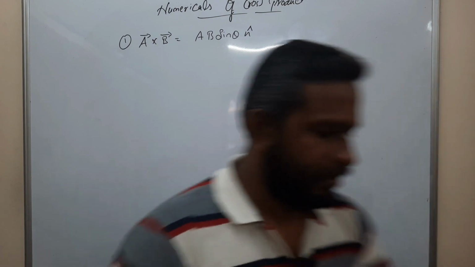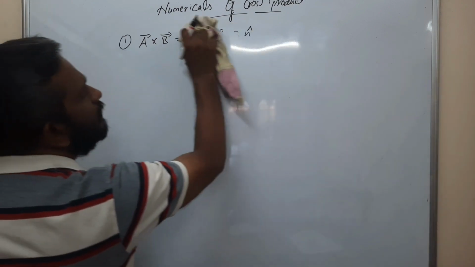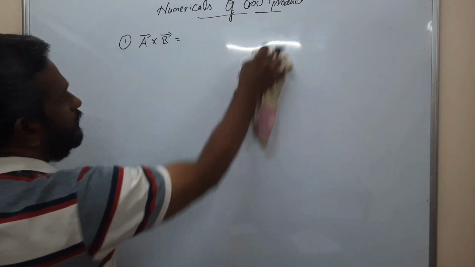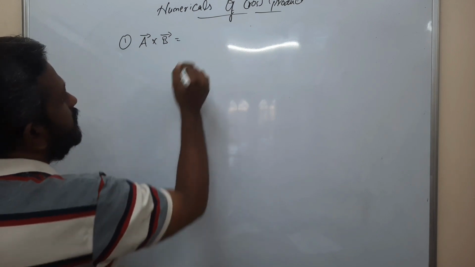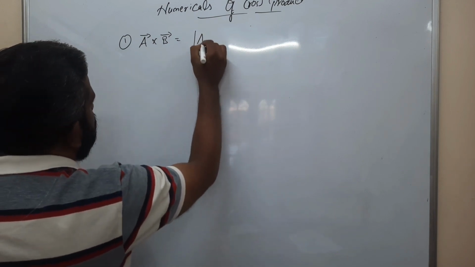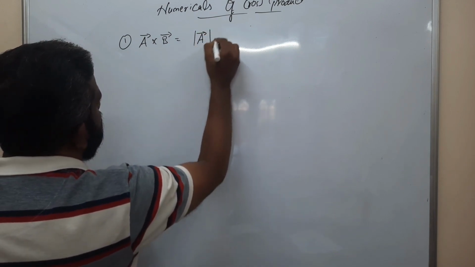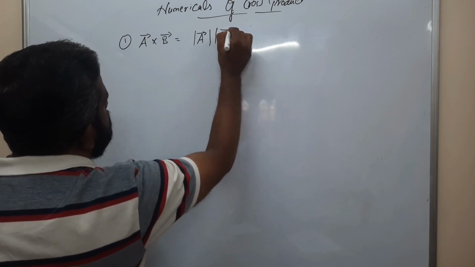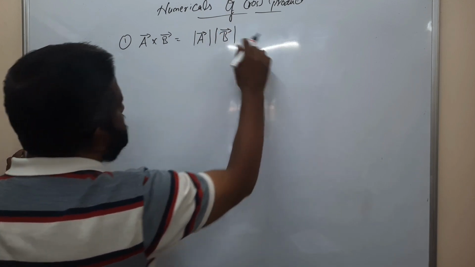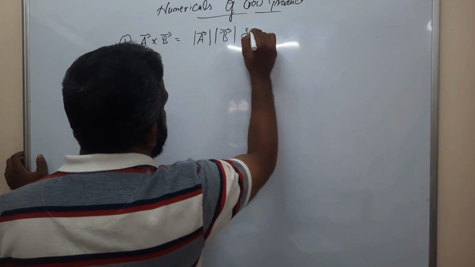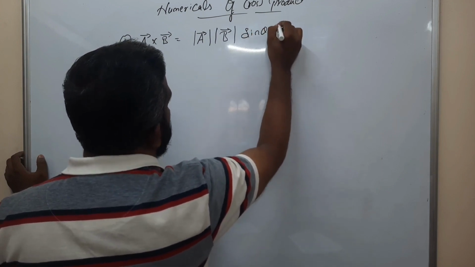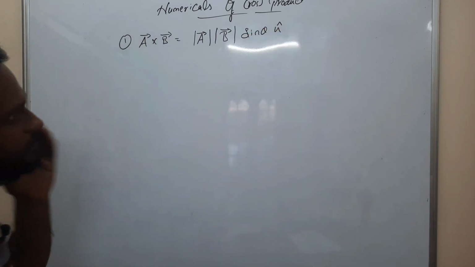Or we can write A vector cross B vector is equal to modulus of A vector, modulus of B vector, into sin theta into n cap.